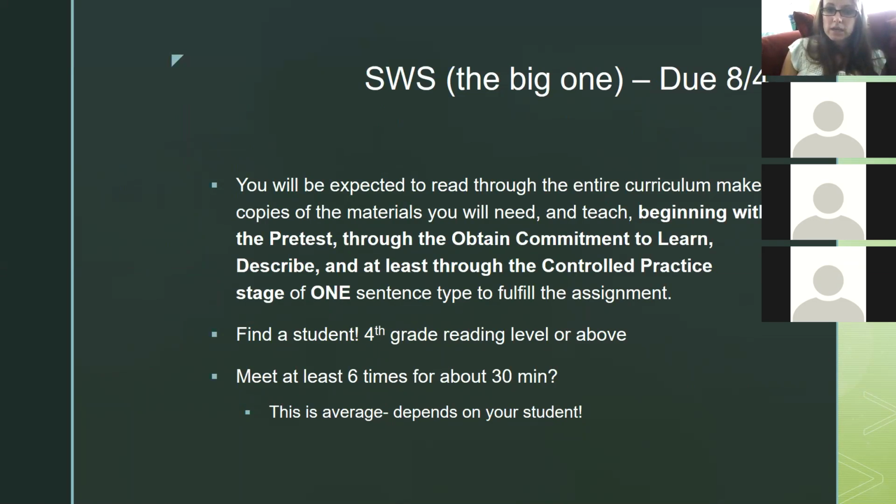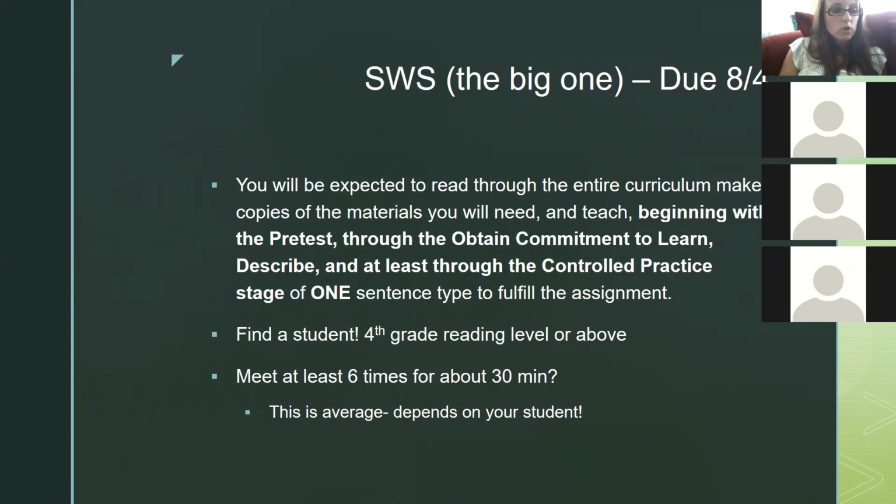Basically what you're doing is you first, before working with your student, are reading through and reviewing the whole sentence writing strategy curriculum. So you should have the student lessons and the instructor volume. And you're learning about the pre-test, obtaining commitment to learn, describing, and then you're going to be doing at least one of the controlled practice stage, okay, for one sentence type.